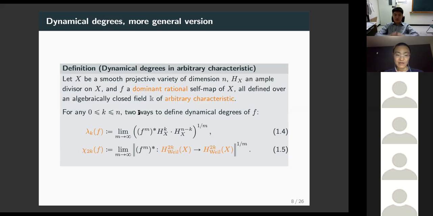We have two ways to define the dynamic degrees. The first one uses the intersection number. The second one is the limit of the norms of this linear transformation. We choose an arbitrary Weil cohomology group, but in general we choose the étale cohomology group. So we have this linear transformation, we fix a norm on this vector space, and then consider the induced norm.